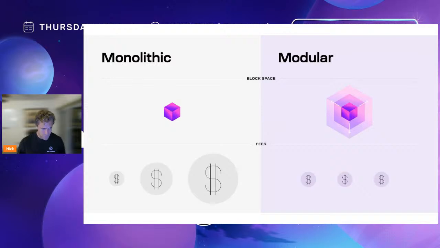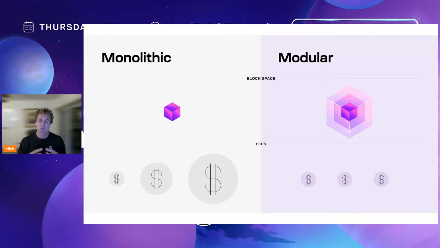In a monolithic world, you're constrained to a fixed block size based on how many resources the node operators are meant to have, and that fixed block size means that fees increase. In a modular world, you don't have a fixed block size. You can increase the block size because you don't need more node resources.